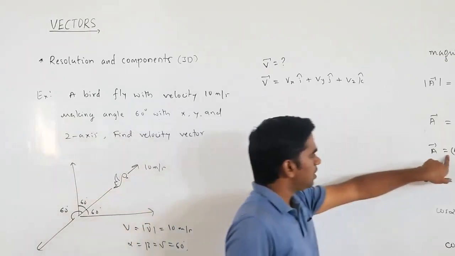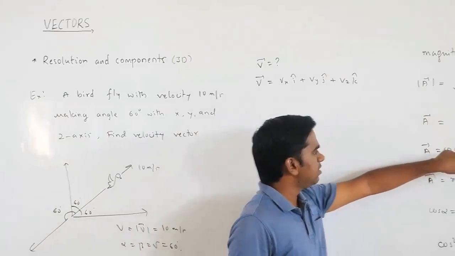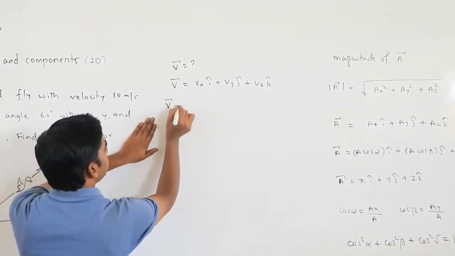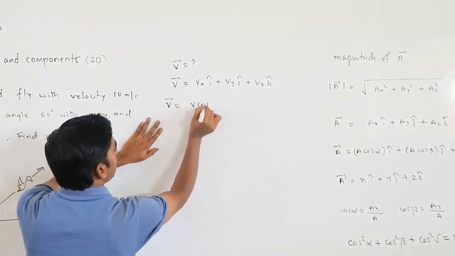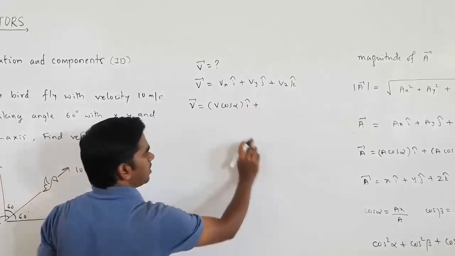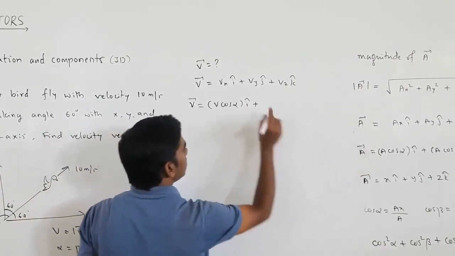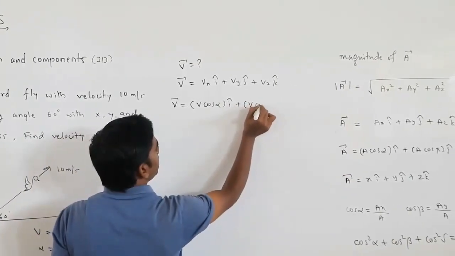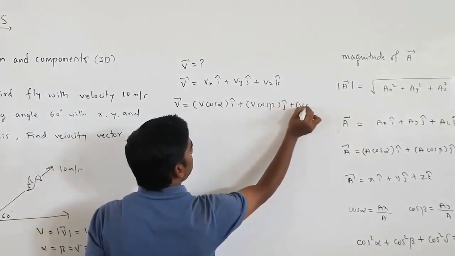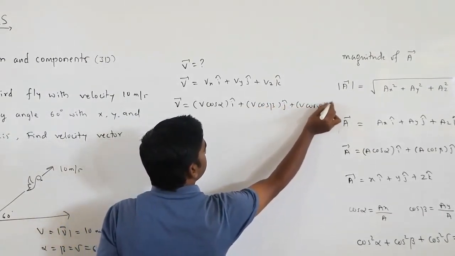So Vx is V cos alpha, Vy is V cos beta, Vz is V cos gamma. Similarly, we can write vector V equals V cos alpha i cap plus V cos beta j cap plus V cos gamma k cap.